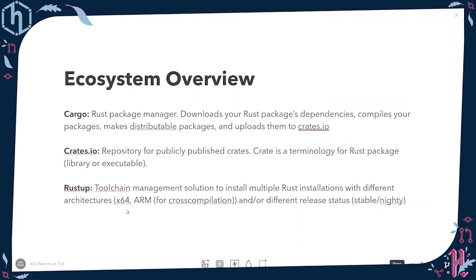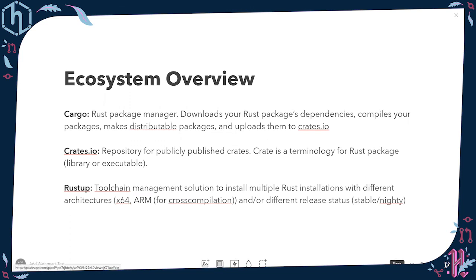All those things, basically installing a different toolchain for cross compilation or a different release channel, like I want to install stable or nightly release, things like that, you can manage all those toolchains and whichever is active. It's almost equivalent to conda for Python, or nvm for Node.